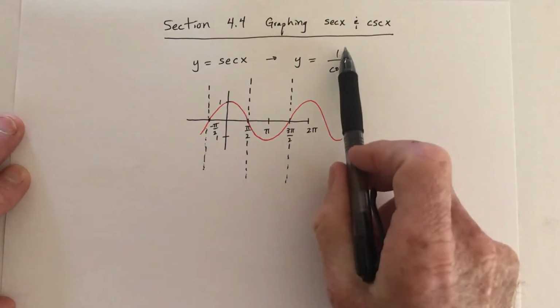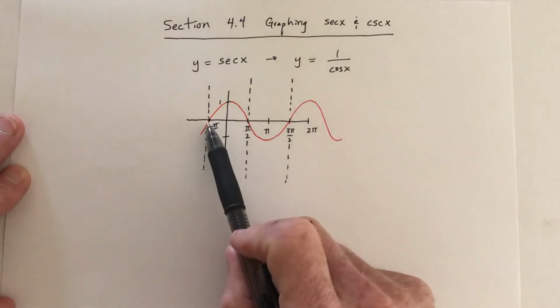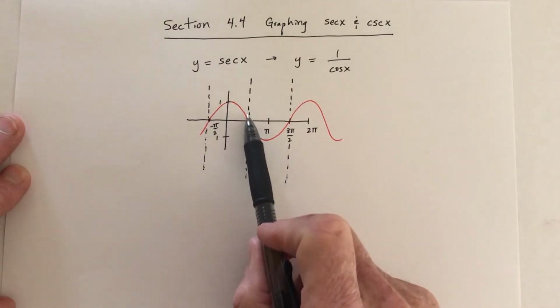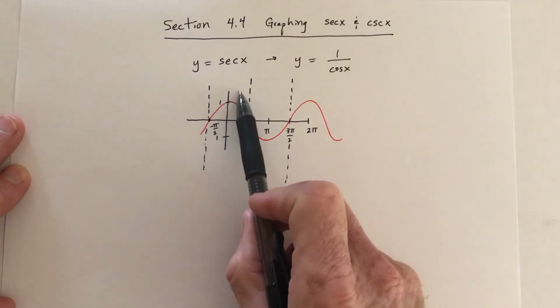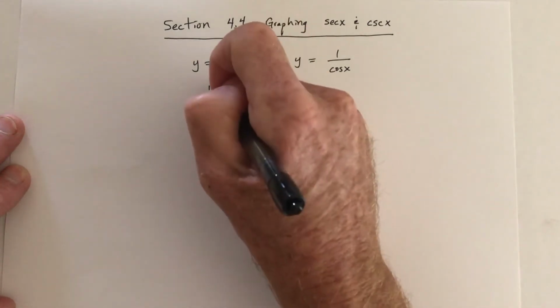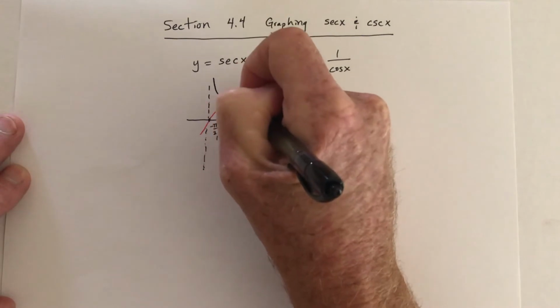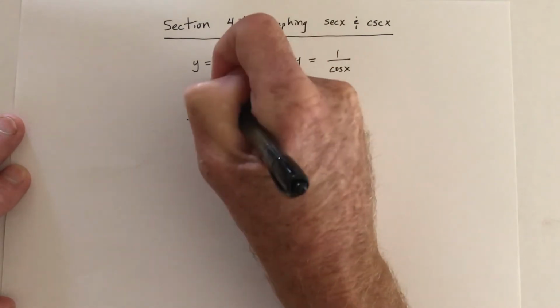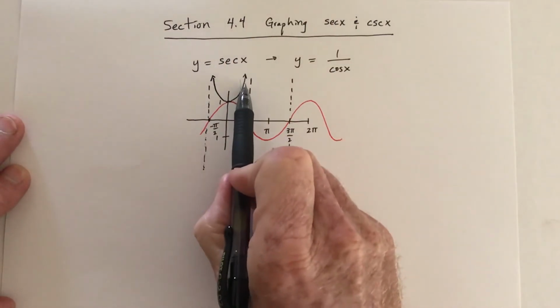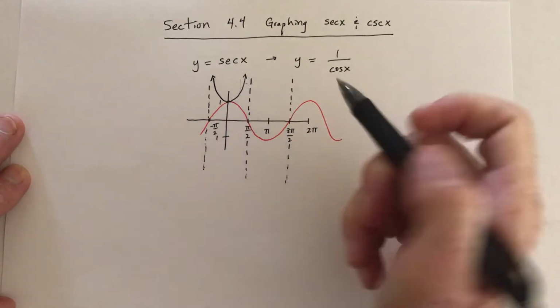Now because secant is 1 divided by cosine, you could take this shape and basically invert it as long as it stays within the dotted lines. So then secant would look like this. And then that part would go up forever as it gets closer and closer to the asymptote.